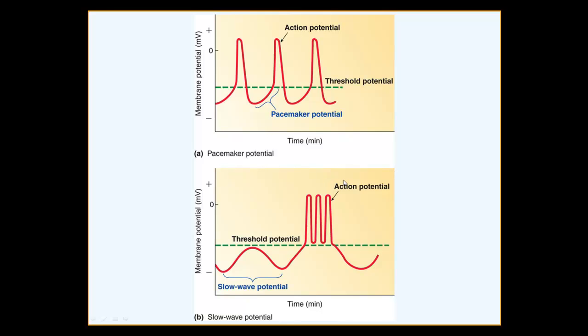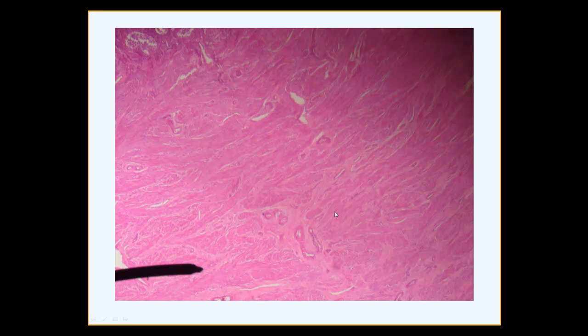Gonna skip through this with the action potentials, and I'll just show you a few slides here to demonstrate how the smooth muscle fibers look. This is from an artery, and you can see the smooth muscle fibers, how they are organized in this artery. And here it is from a uterus.